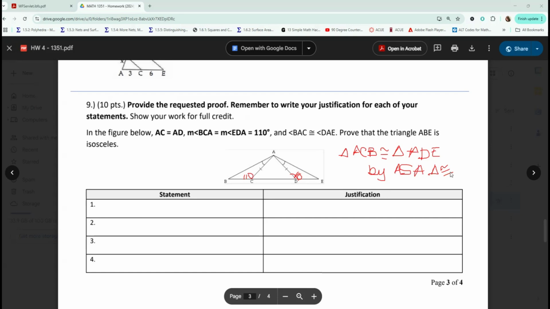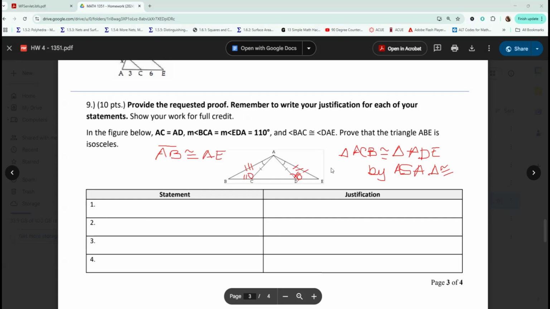Well, since you proved that they are congruent and these two sides are the same, then you're saying that this side right here, side AB, is going to be congruent to this side AE, right? So that's what you need to reach. You need to reach that AB is congruent to AE. This is what you need to prove.